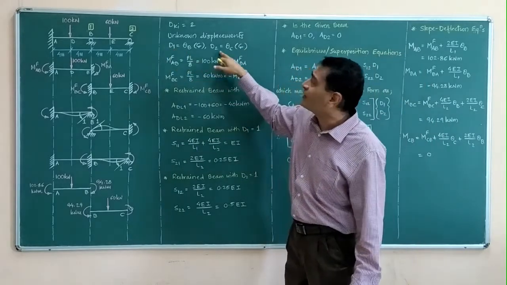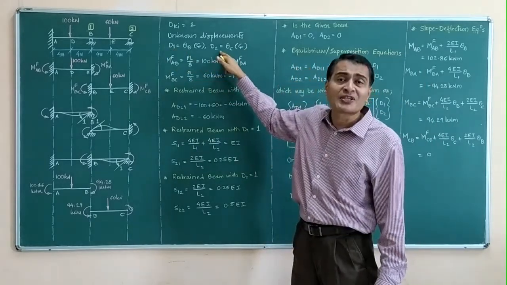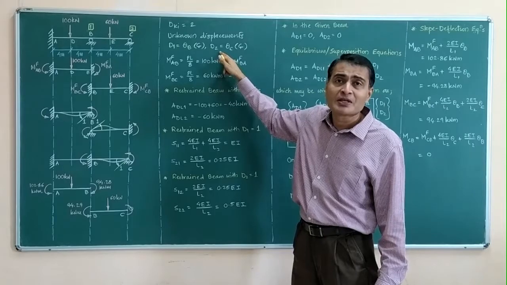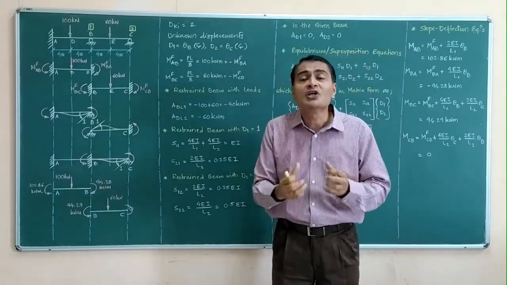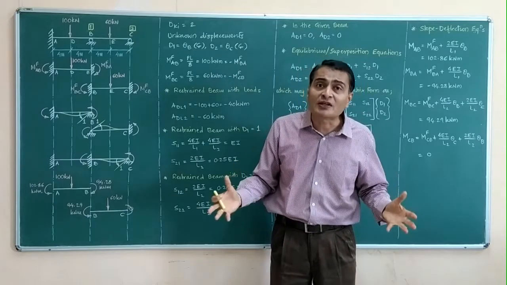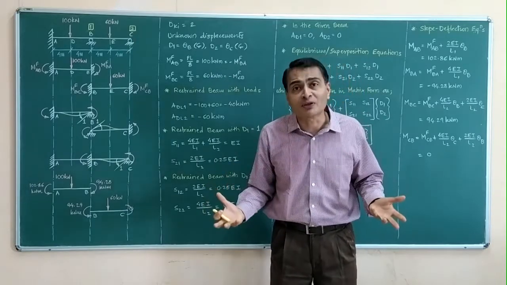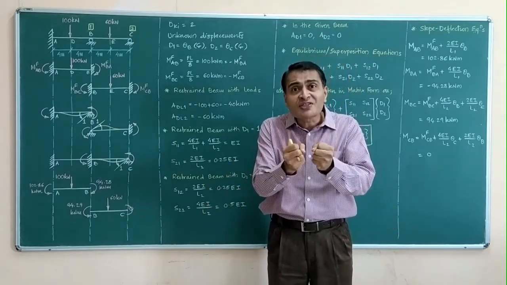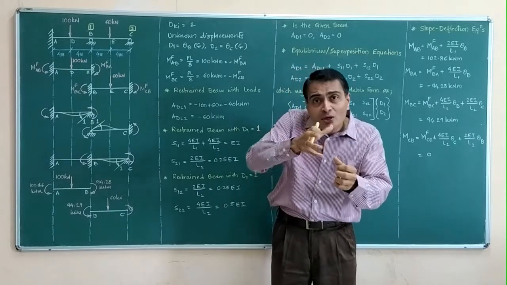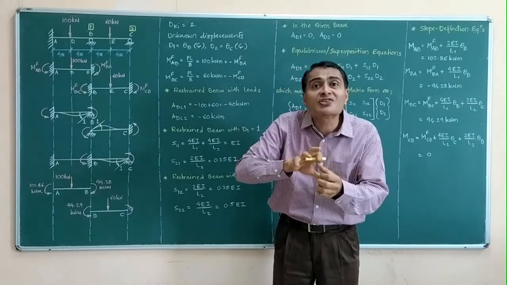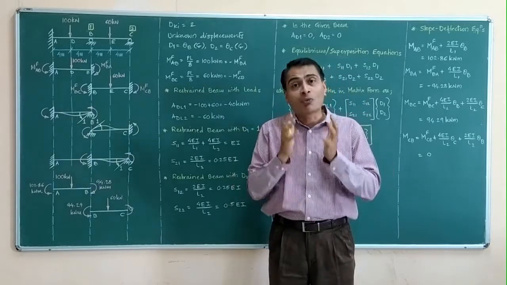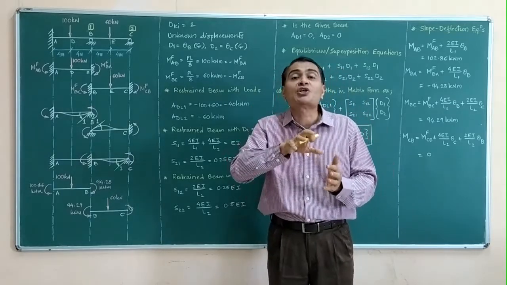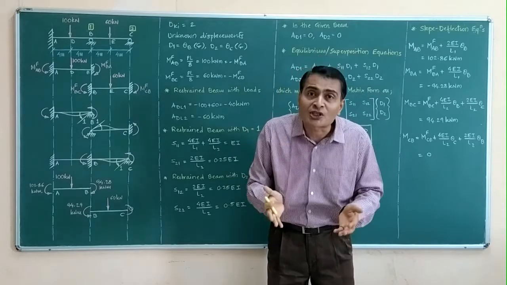Once I have noted my D1 and D2 as theta B and theta C, next is to restrain the joints. I will remind you, stiffness method is nothing but superposition method. We restrain the joints and then we give the rotation to those joints, desired rotation or expected rotation, and while giving the desired rotation, we go through unit rotation.